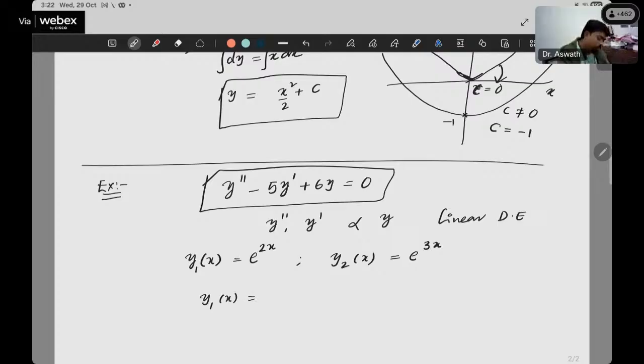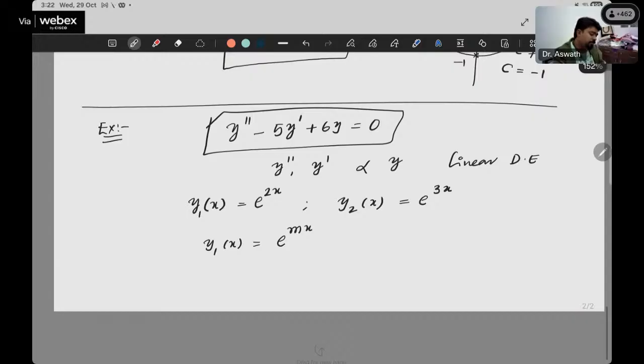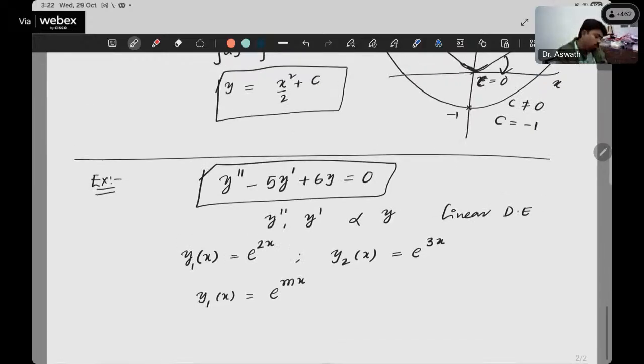Or you can find them by introducing y1(x) equal to some exponential mx. Let me substitute in the above. What we have is dy1 by dx is equal to m into exponential mx, which also implies the second order derivative of y1 is equal to m square exponential mx.